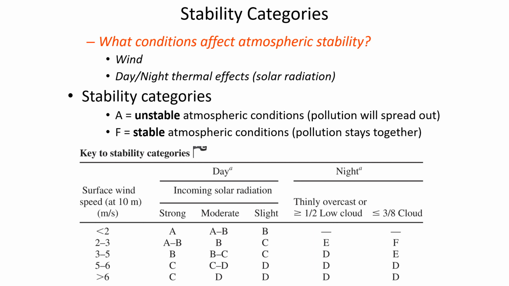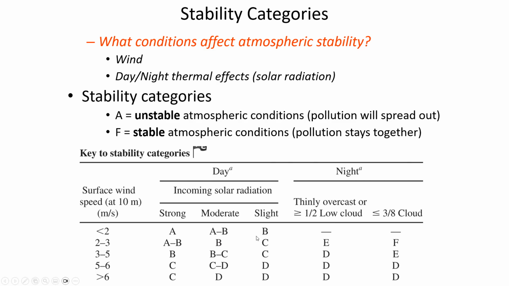Or if it's a cloudy day, then there'd be less solar radiation. And so conditions are more stable with less solar radiation. And then if you look at night, when there's no solar radiation, then the stability classes tend towards even more stable conditions, where the pollution is not going to disperse as much.